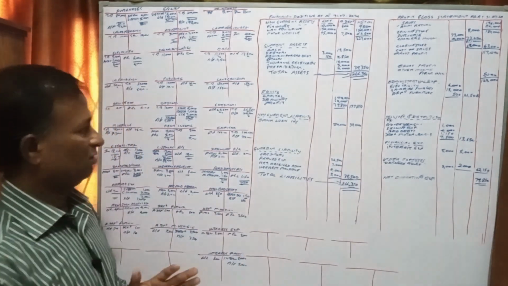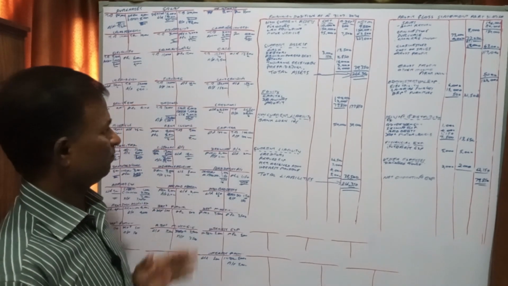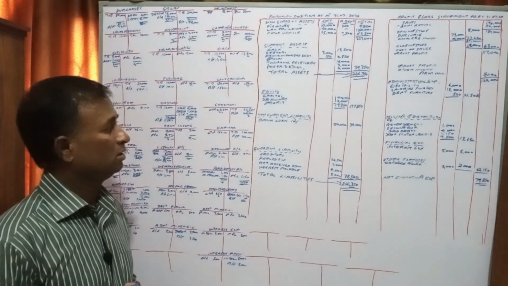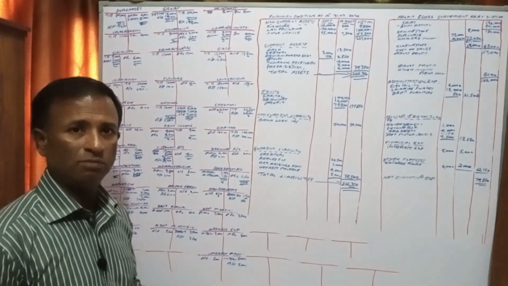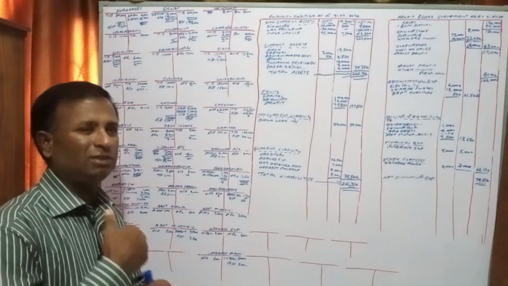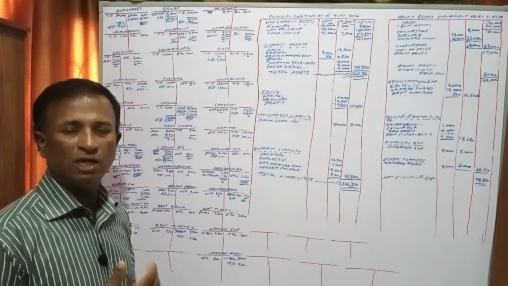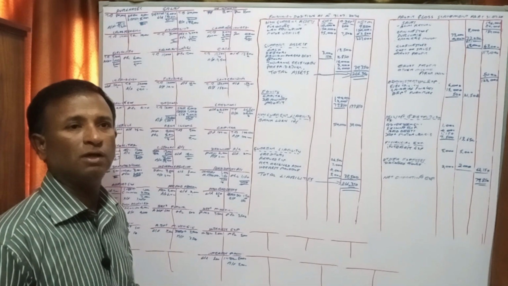So we did all the adjustments, and I personally think you would have understood. If you couldn't understand, you just go back and see this video again, and then of course definitely you will understand.